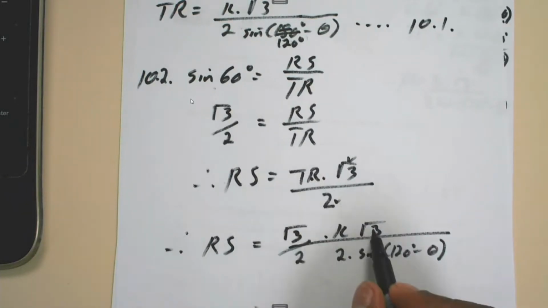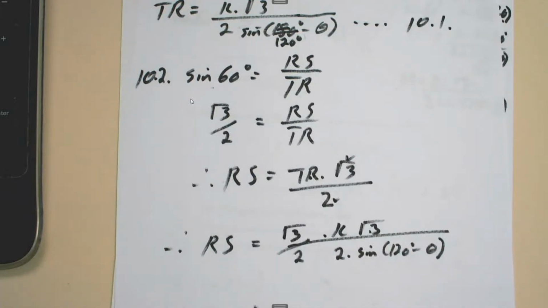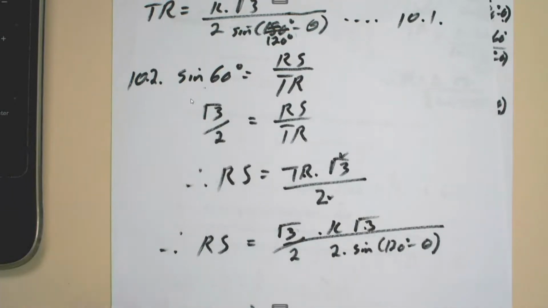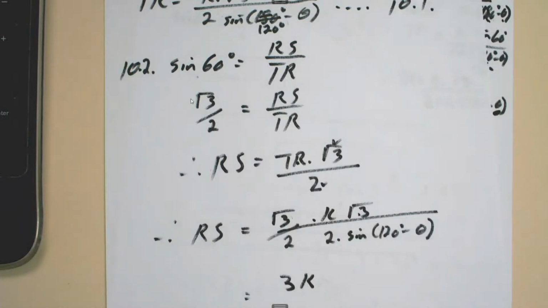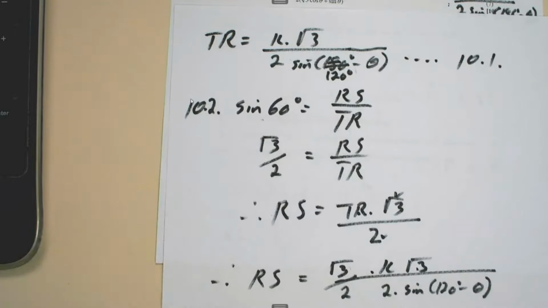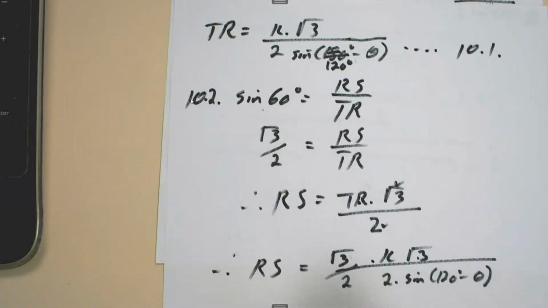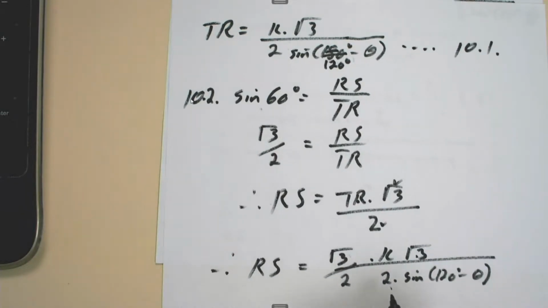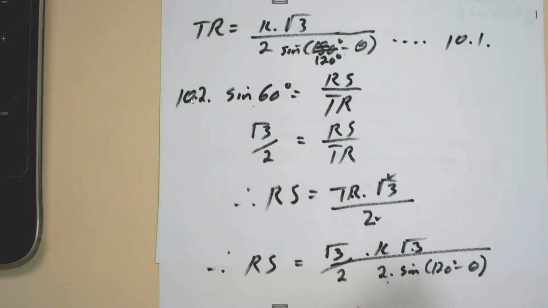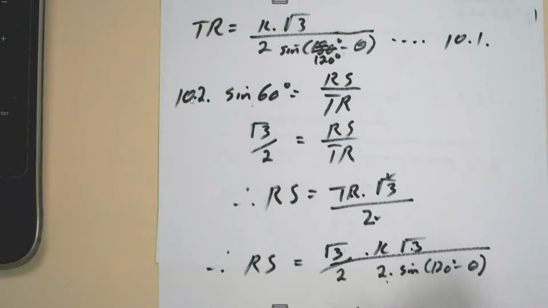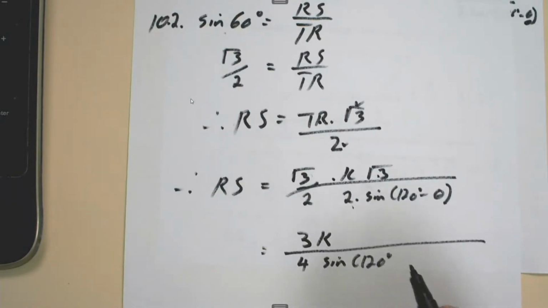Square root of 3 multiplied by square root of 3 will give me 3. Now I have 3K as my numerator, all over 2 multiplied by 2, which gives me 4, multiplied by the sine of 120 degrees minus theta.